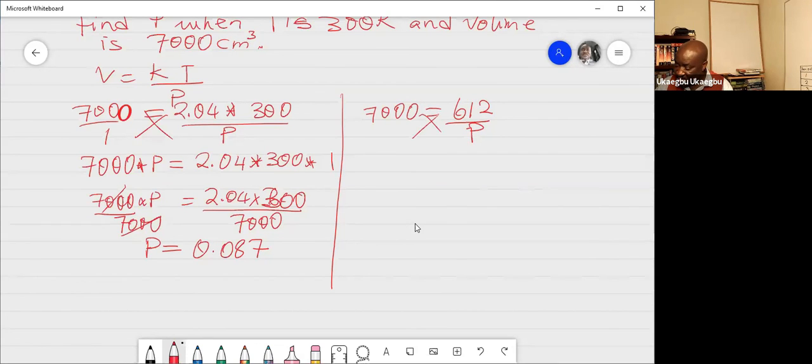Once you do that, you have 7,000 P is equal to 612. So P will be 612 over 7,000. So you have 612 divided by 7,000. You're going to get the same number.